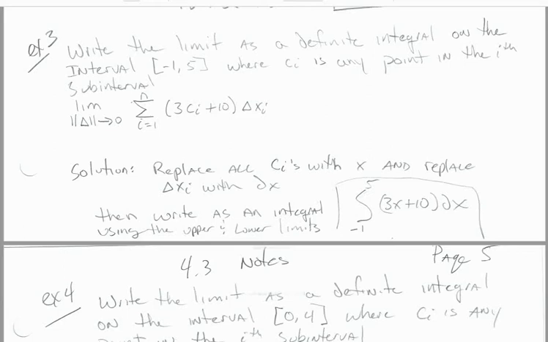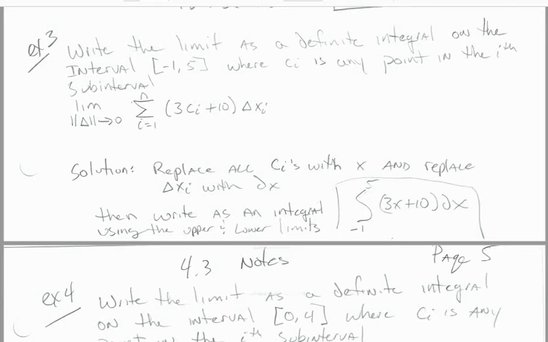Okay, so the interval a to b, a is -1, b is 5. That's given up top. So you're going to write the integrand. It's on the bottom right hand side of the screen here. It goes from -1 to 5. This is the next part. It's very, very easy. Anywhere we have a ci, we are going to write an x. So we have 3ci plus 10.